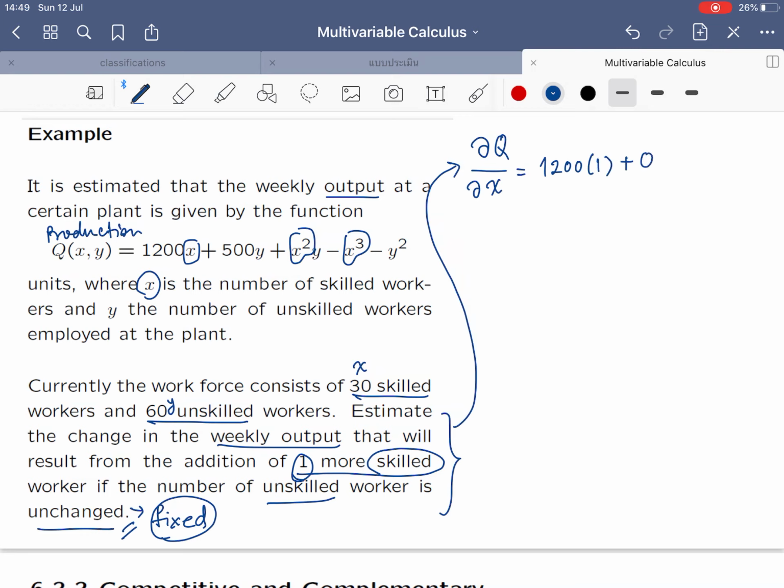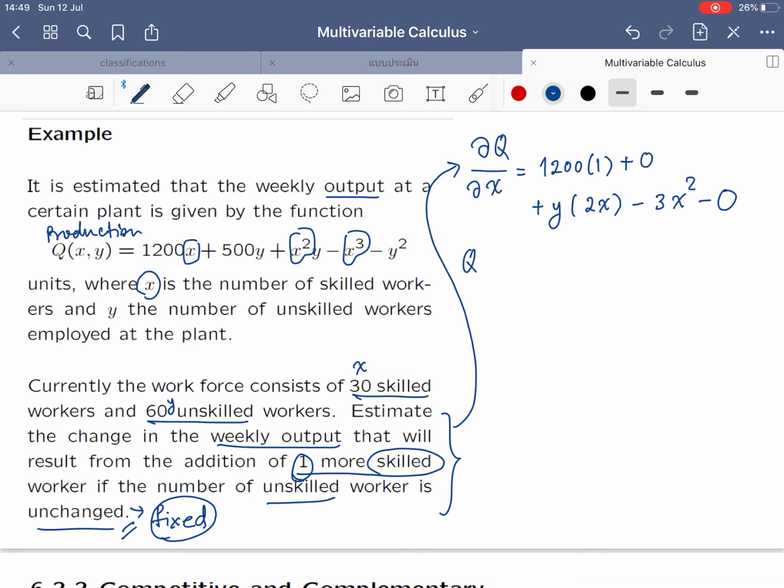The second term is all constant, so it is 0. The third term, your y is a constant, and the derivative goes directly to x squared, so you have 2x. The one before the last one is 3x squared, and the last one is a constant, so 0.